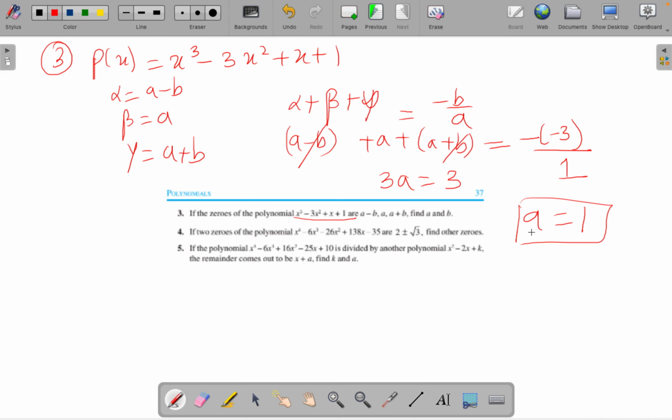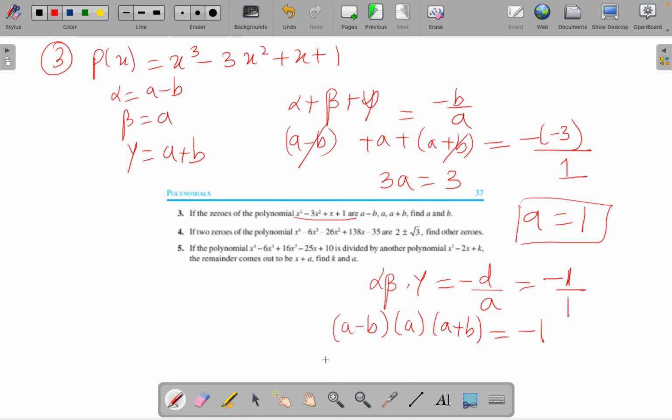Okay. Similarly, if you have to find the product, alpha into beta into gamma, again we know the formula. Alpha into beta into gamma is minus d by a, that is minus 1 by 1. So put the value. Alpha is a minus b, a plus b is equal to minus 1.